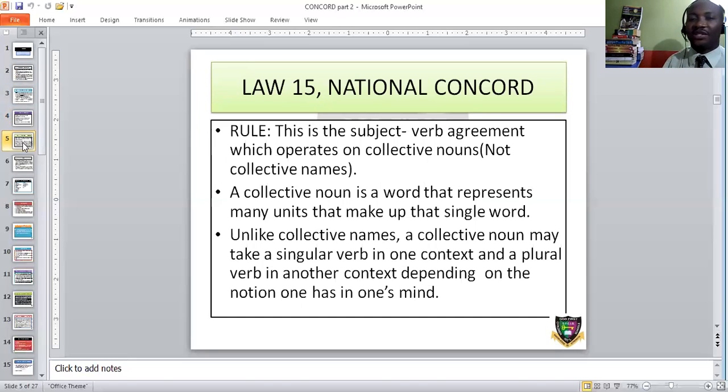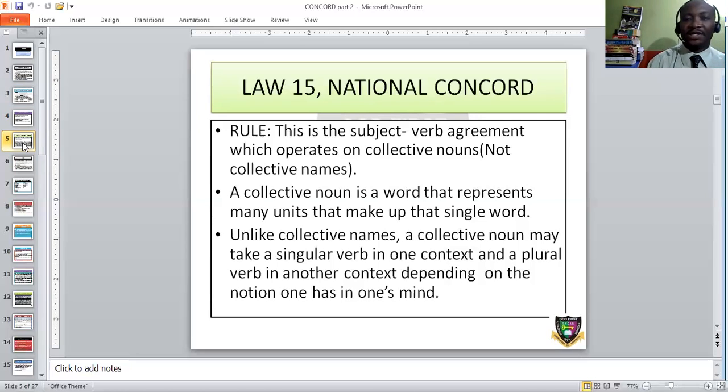Now that takes us to Concord Law 15. Law 15 says that when a collective noun is used that represents many units that make up the singular word, we look at using plurals and singulars depending on the context or notion one has in mind.